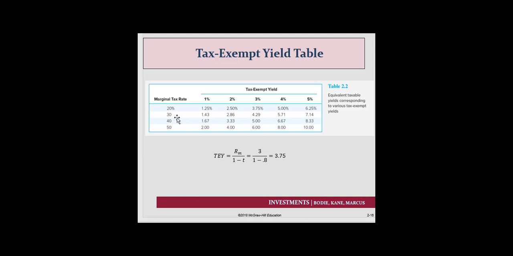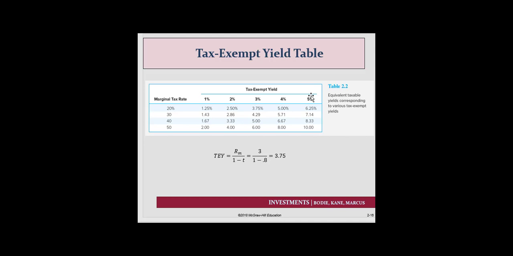Take the 3% divided by 1 minus the tax bracket. So if you were in a 20% tax bracket, a corporate bond would have to yield more than 3.75% for it to be more attractive than this 3% bond. What if you were in a 40% tax bracket? You'd need a corporate bond of at least 5%.